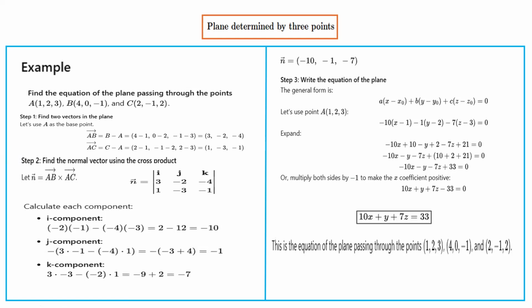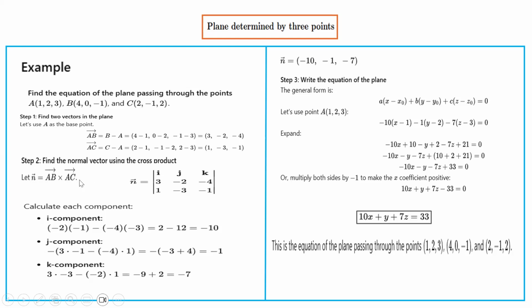That will be B minus A and C minus A. When we subtract the values, we'll have for AB (3, -2, -4), and AC will be (1, -3, -1).